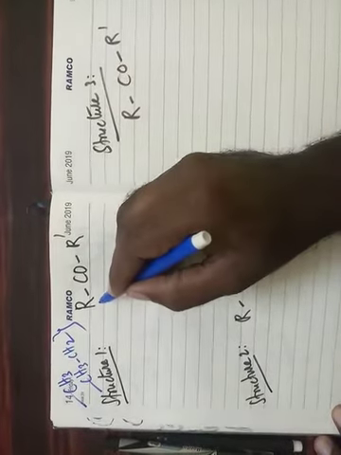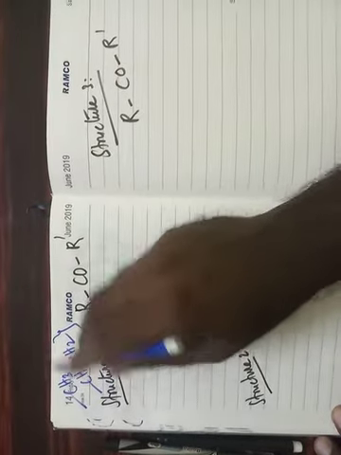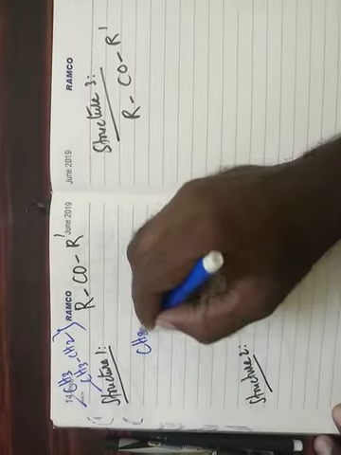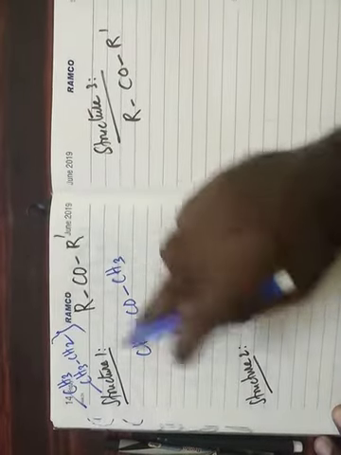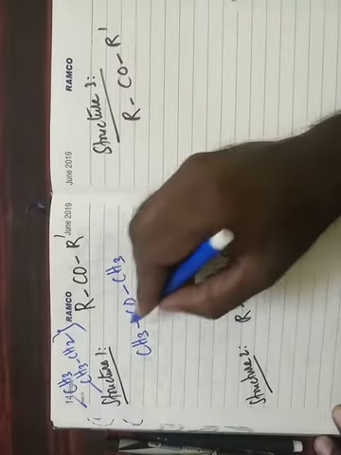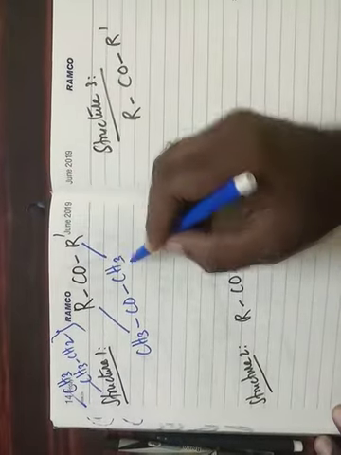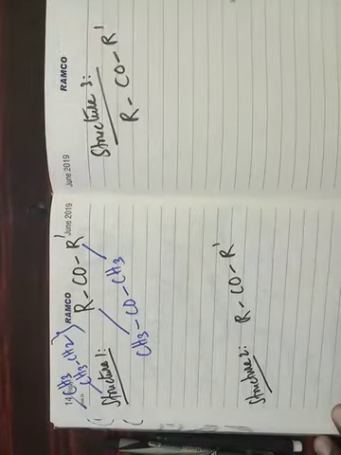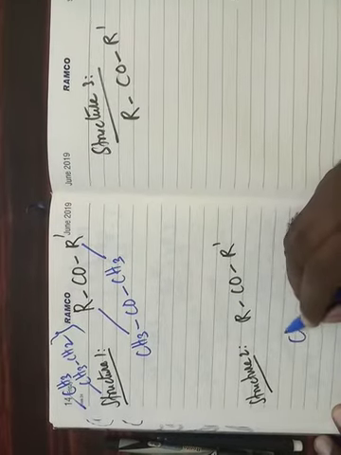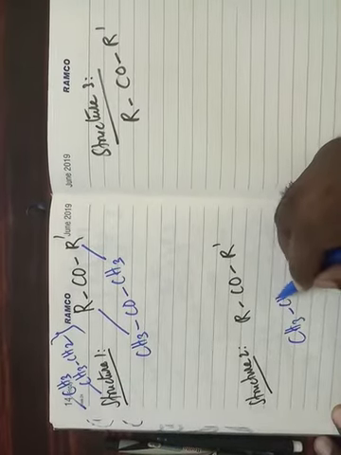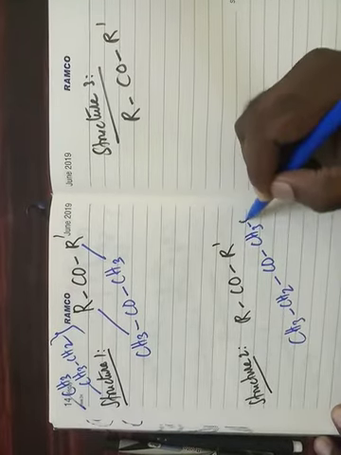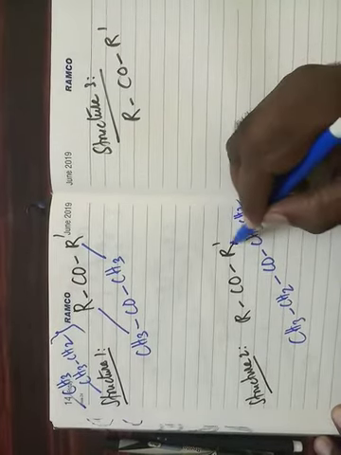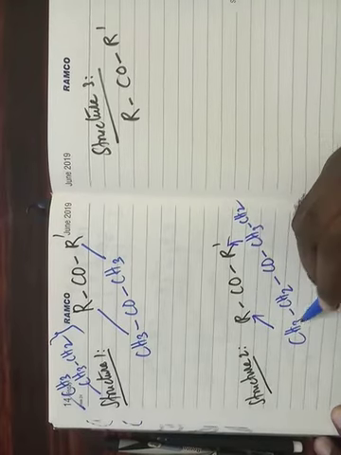See how I am using them. In the first case, both sides are methyl. Methyl is CH3, then ketone, then CH3. Both sides are alkyl groups, that is called methyl methyl along with ketone. In structure 2, I am using ethyl on both sides: CH3CH2 is the ethyl, then ketone, then CH3CH2. This is an alkyl group, this is an alkyl group.